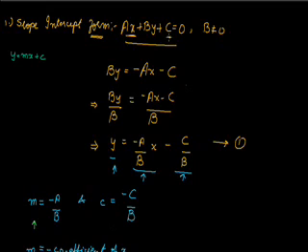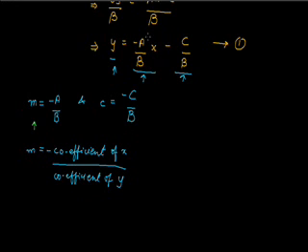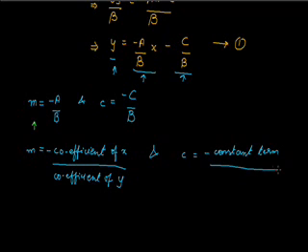Here capital C is the constant term of our standard equation of the line and b is the coefficient of y. So I'll write them in the same way, and small c is equal to minus of constant term upon b, the coefficient of y.